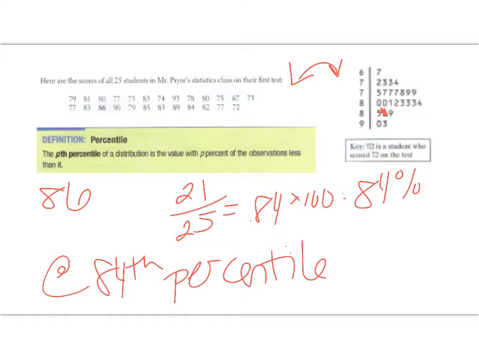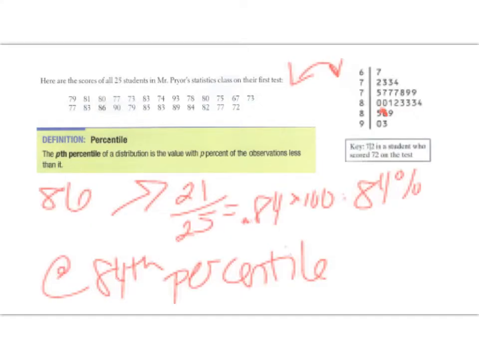If I know that I have a sample of 25 students, and I know that somebody's at the 84th percentile, then I can go back and figure out this number, the 21 students getting a lower score than she did. So don't forget that when we talk about things like this, you need to be able to go backward and forward. So let's look at a percentile example.